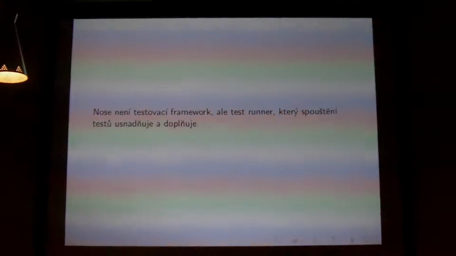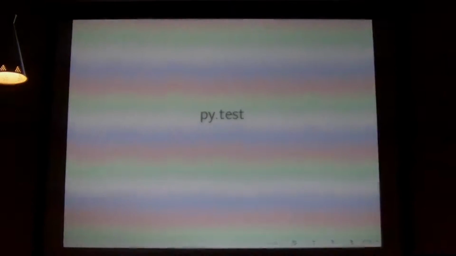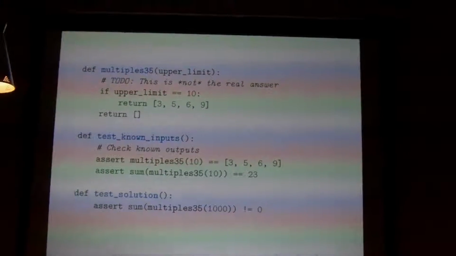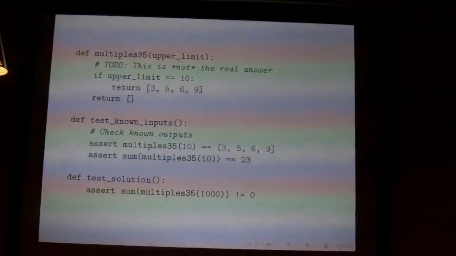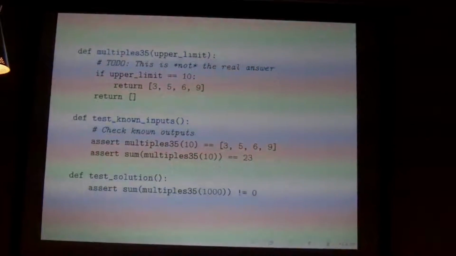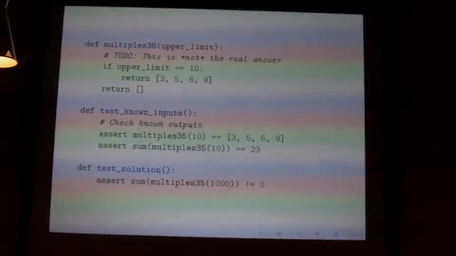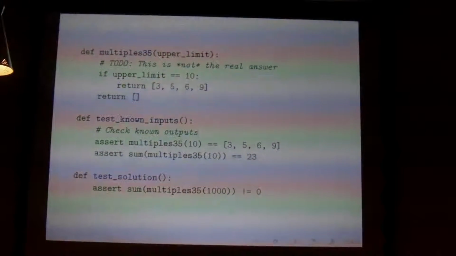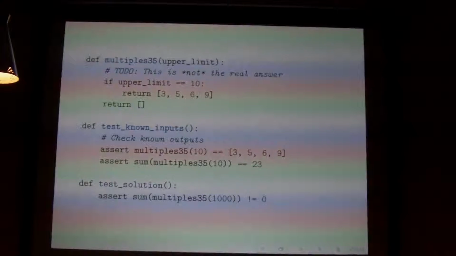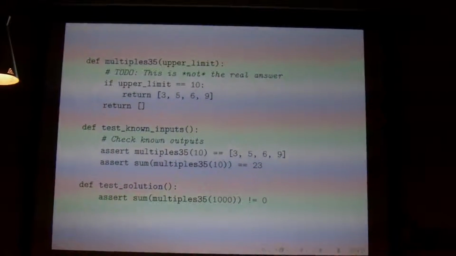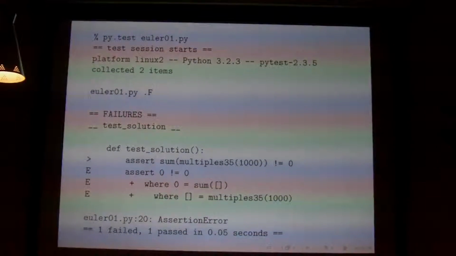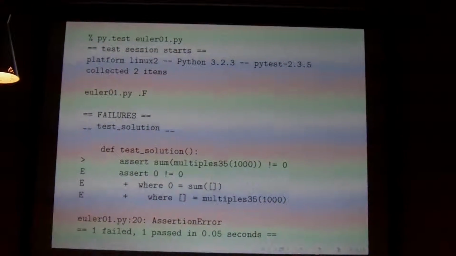The next library is PyVows, and this is very similar to nose. You are also writing test functions, and this is the first example from Project Euler. The difference is that the output of failures is much more descriptive.